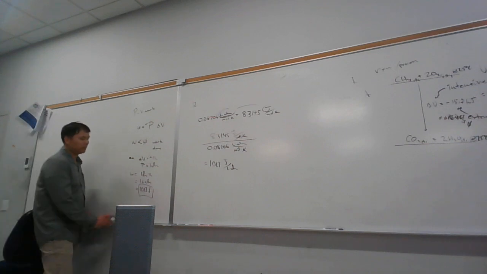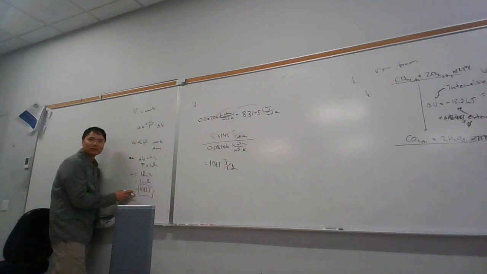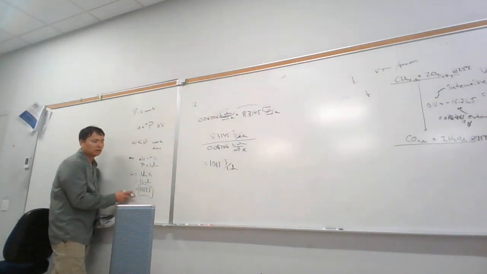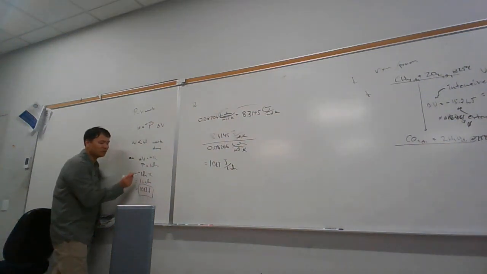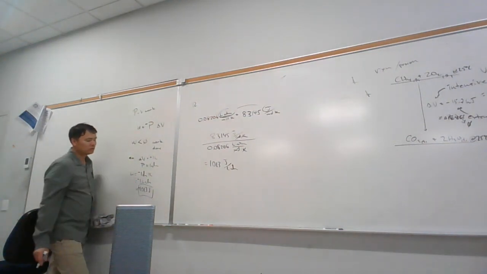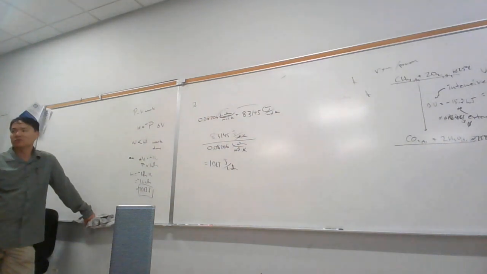Now, am I losing energy or am I gaining energy by doing this? I'm losing, so I have to pay attention to the sign convention. So this has got to be negative, negative, negative. So negative 101.3 joules means I'm losing that much energy.